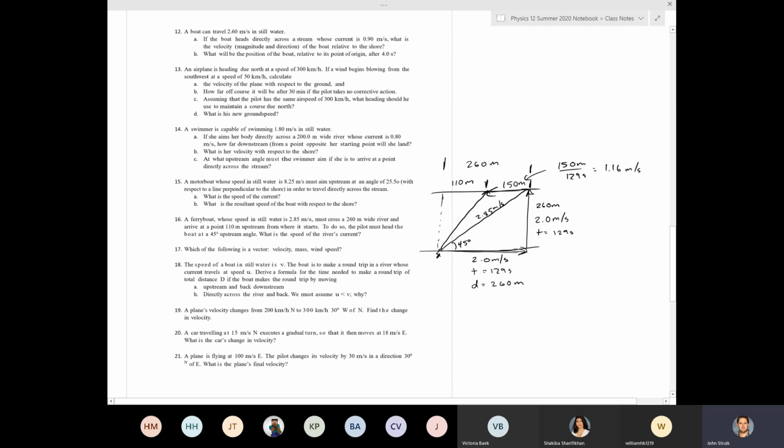Okay, so I'm using the relationship between the velocities. If the velocity in the x direction is the same as in the y direction, and it's going that way for the same amount of time, then it's the exact same distance. So that's how you get the 150 right here.